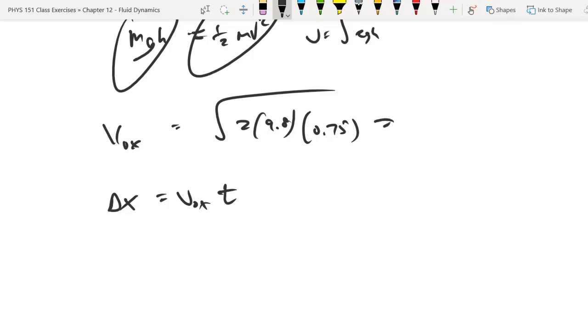Let me give you a number for this: 3.83 meters per second is V naught x, and multiplying by the time we got, it comes out to 2.05 meters that it shoots.